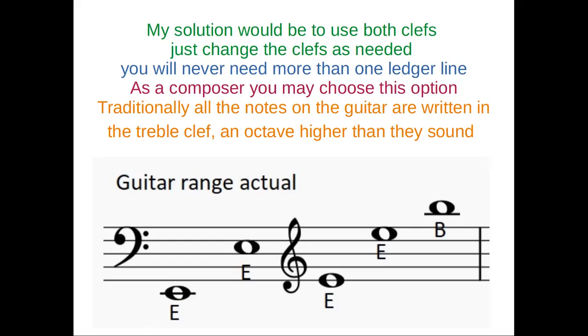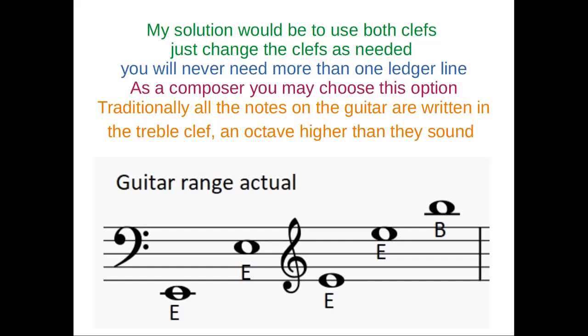My solution would be to use both clefs and to write the music in the actual sound of the notes instead of transposing it an octave out. And then you just change the clefs as need be. If you use it this way, you will never need more than 1 ledger line.